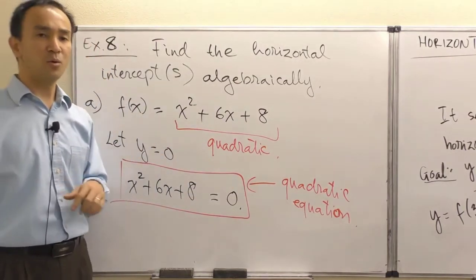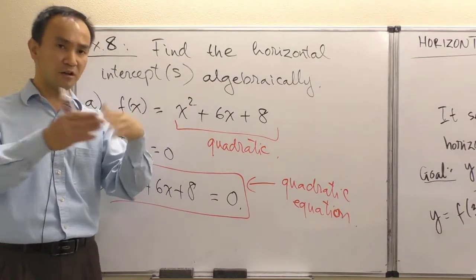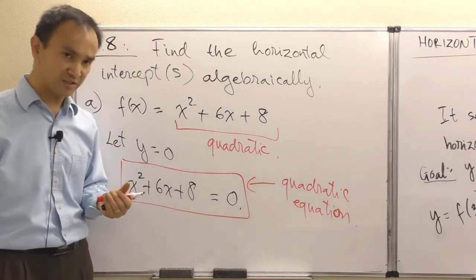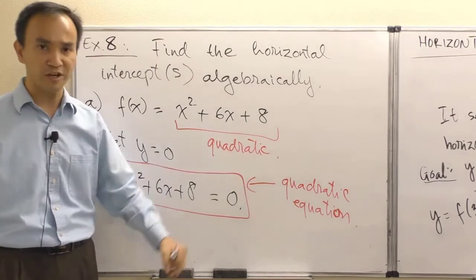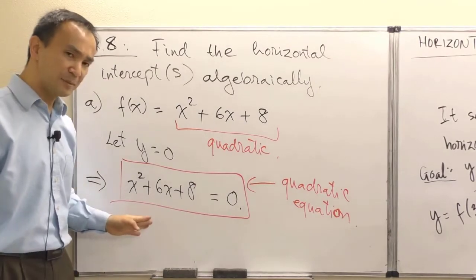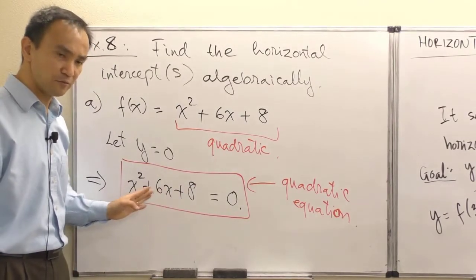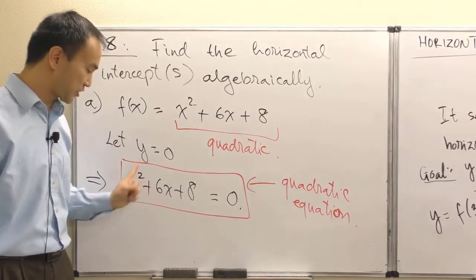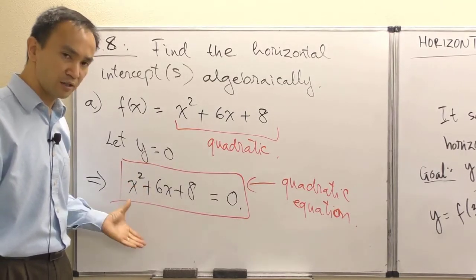Otherwise, when terms are still all over, on the left and on the right hand side, we have to bring all terms to one side first before we can say it's a quadratic or non-quadratic. Once all non-zero terms are placed on one side and a square term is showing, we call this a quadratic.